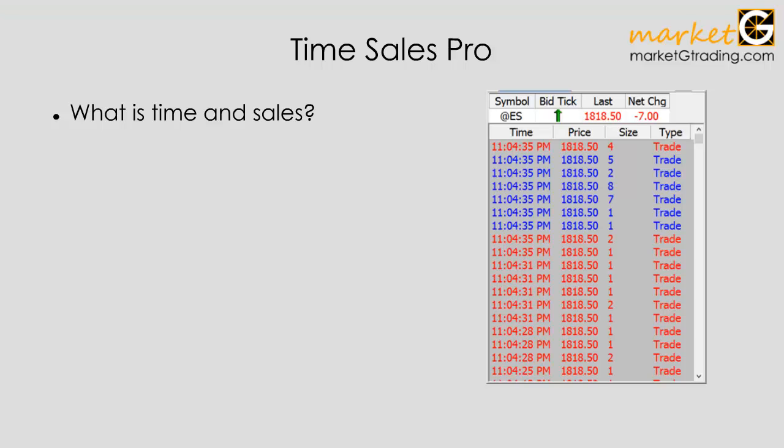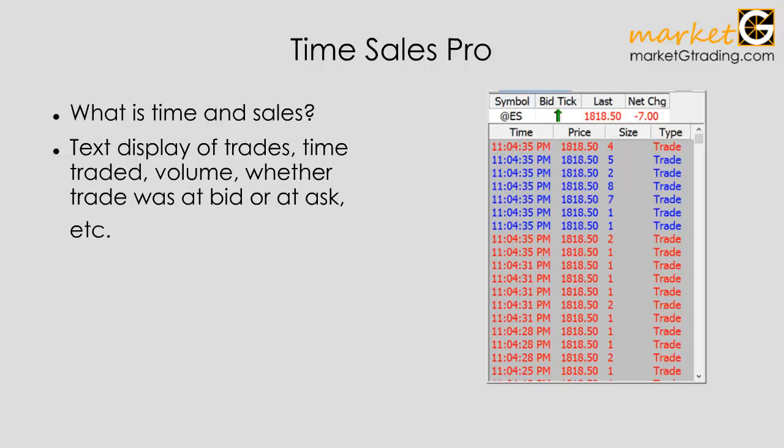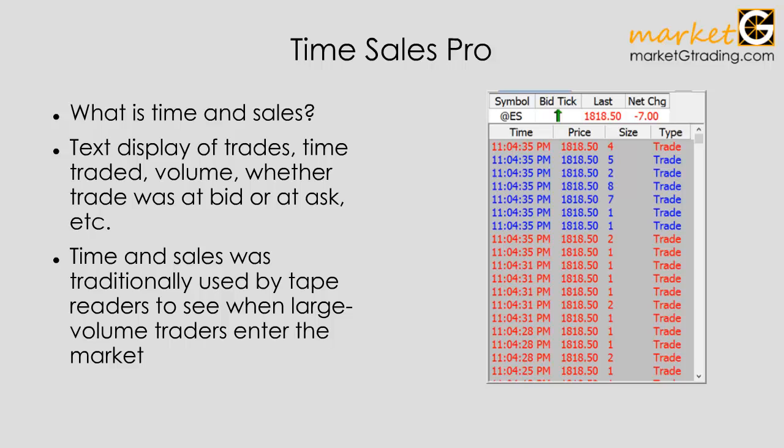So what is time and sales? Time and sales is a text display of trades, the time traded, volume, whether the trade was at the bid or at the ask, etc. Time and sales was traditionally used by tape readers to see when large volume traders entered the market.